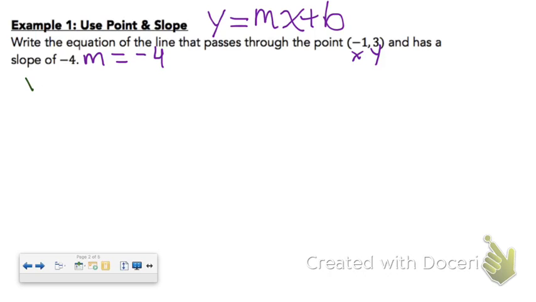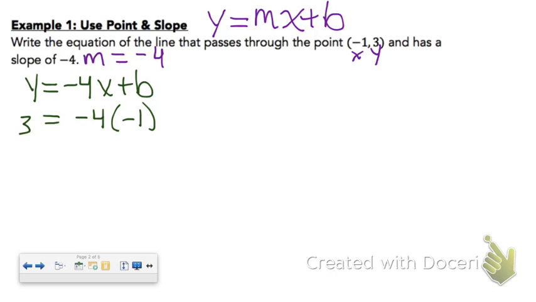So y equals -4x plus b. We already know m is -4, but then again, to solve for b, we're going to plug in -1 and 3. So instead of y, we write 3 equals -4 times -1 plus b.